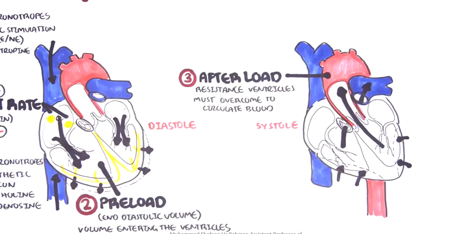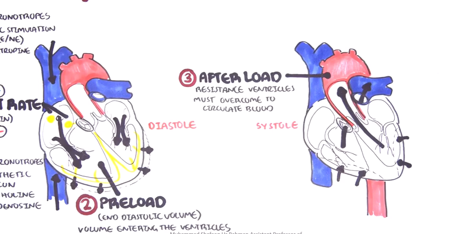The next determinant of the cardiac output is the afterload, which essentially occurs during the systole, when your ventricles are contracting, ejecting the blood out of the aorta and into the pulmonary trunk.